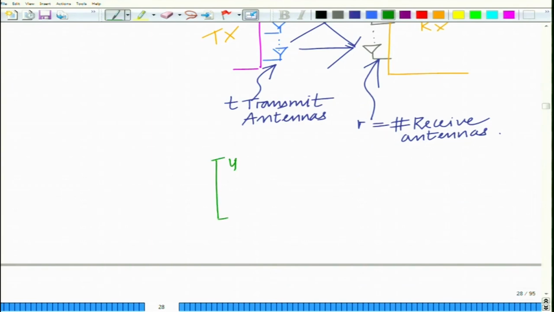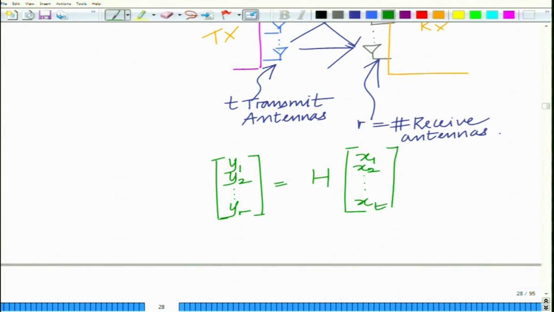Your received vector of symbols y1, y2, up to yR. Since there are R receive antennas, you are going to have R received symbols y1, y2, yR, equals H, this is your channel matrix, times x1, x2 up to xT, because you have T transmit antennas, therefore you can transmit T symbols, plus you have your noise vector.